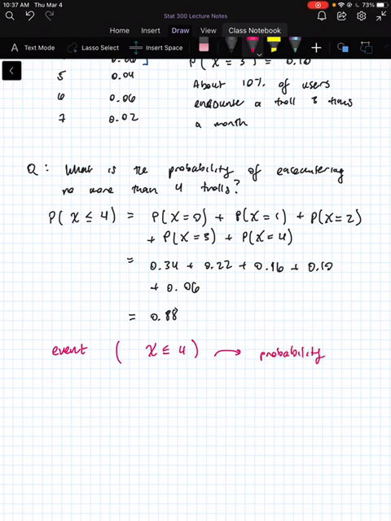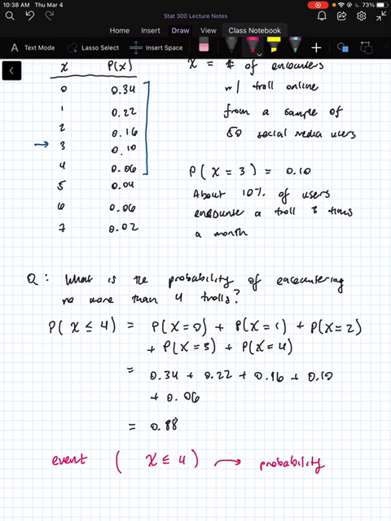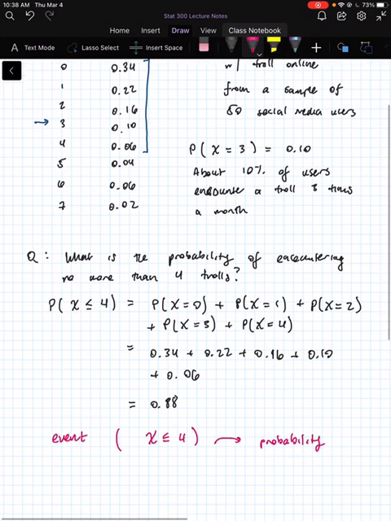And it's still subject to all the rules that we learned in the previous chapter. So if there was any overlap, we'd have to account for that. But luckily for us, this distribution table, because it's a discrete distribution, allows us to not worry too much about any overlap. We can just find the specific probabilities we want and add them together if necessary, right?